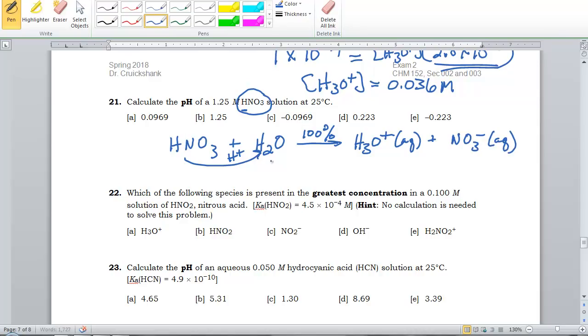Note the negative sign again. Since we lost an H+, what we're left with will be an anion, a negative ion. Now, you don't have to write all this out, but I'm going to do this for sake of argument. We're starting with 1.25 molar. Products would be 0. This reaction goes all the way.